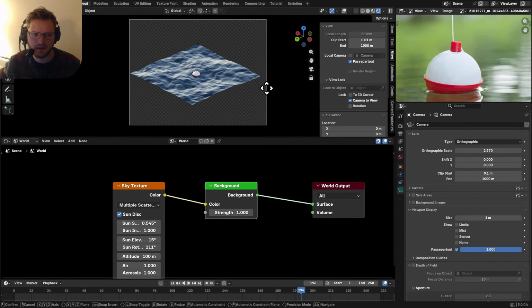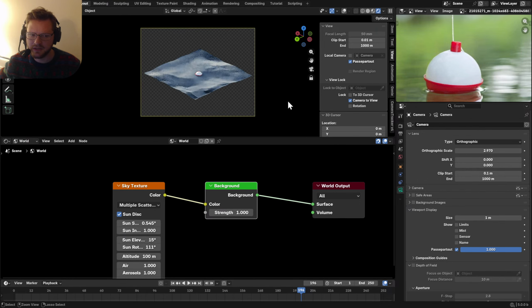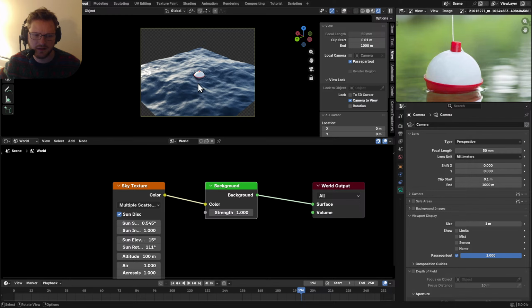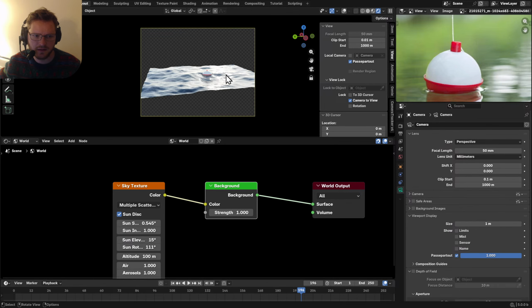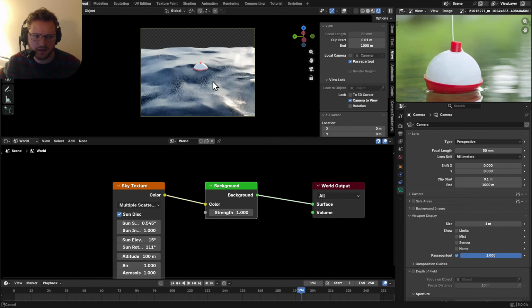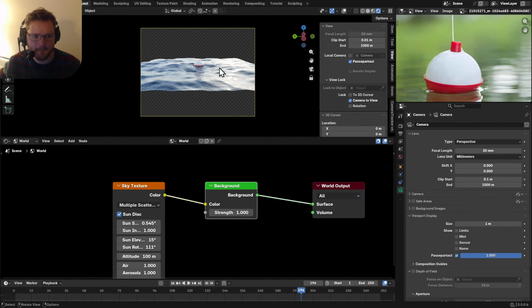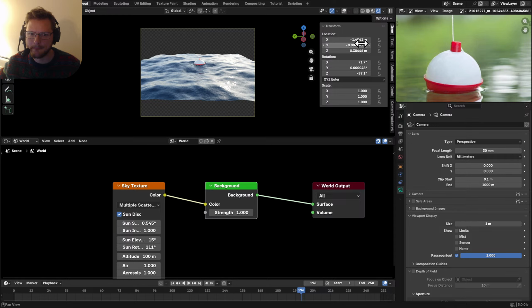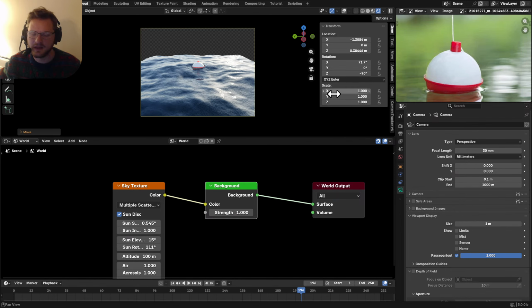No. Maybe the issue is it's just not supposed to be orthographic. Okay, I think I can be happy with that.